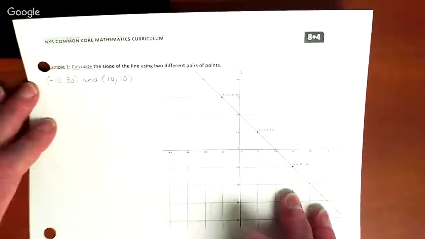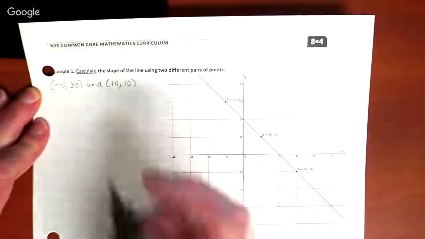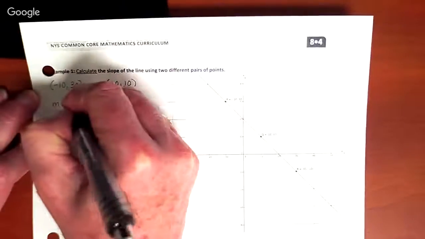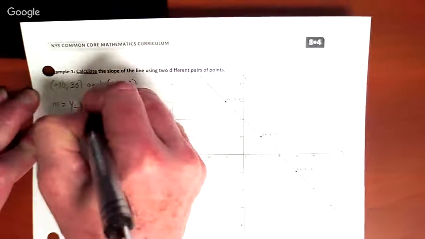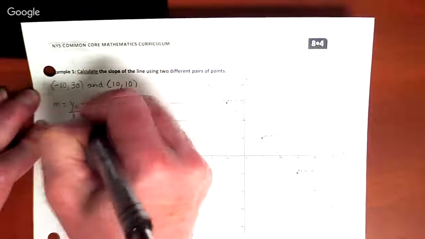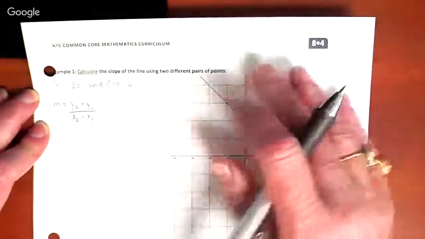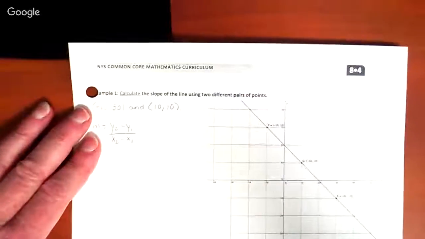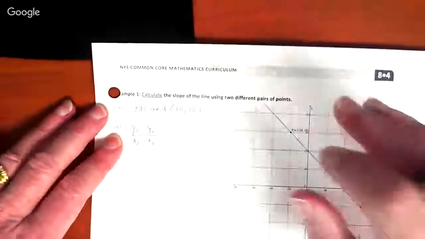So here, I have m equals y2 minus y1 over x2 minus x1. Now what that means, and let me try and get this, I don't understand why it keeps giving that glare, guys.